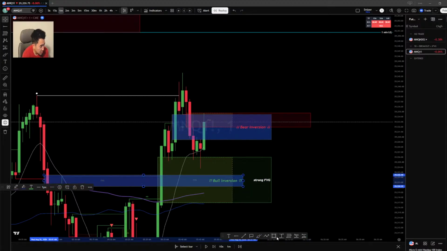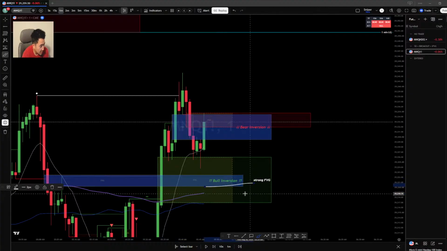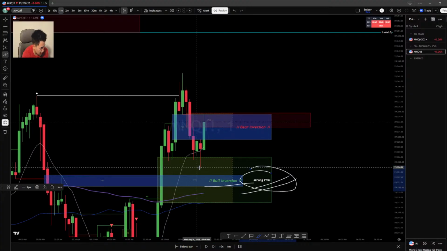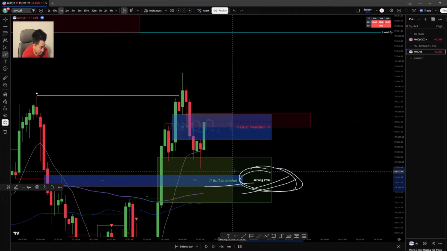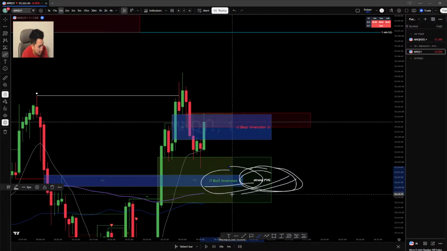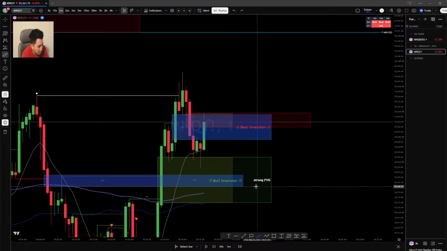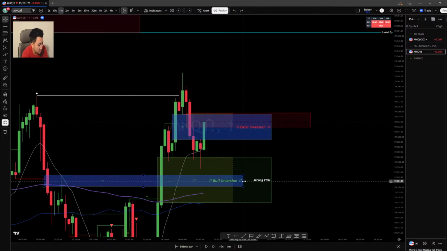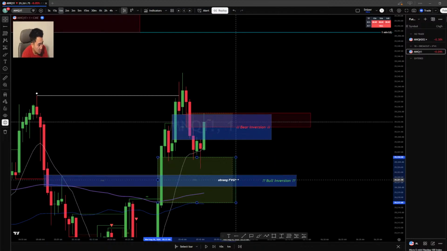So you have this bullish inversion here stacked on top of this FEG. I call this a strong FEG just because when you have an FEG that sits on top of another FEG or on top of an inversion, then it makes it a little bit stronger than just a normal gap without an inversion. There's an inversion here, so this FEG is strong here.